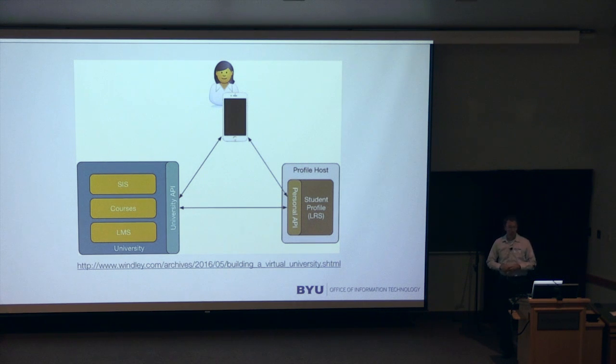So in a university setting, this is a different blog post that Phil put out there. You have our university API interacting with the personal API, with this learning record store that's underneath the personal API, right? But also devices can interact with the personal API and get information about you, post information about you.